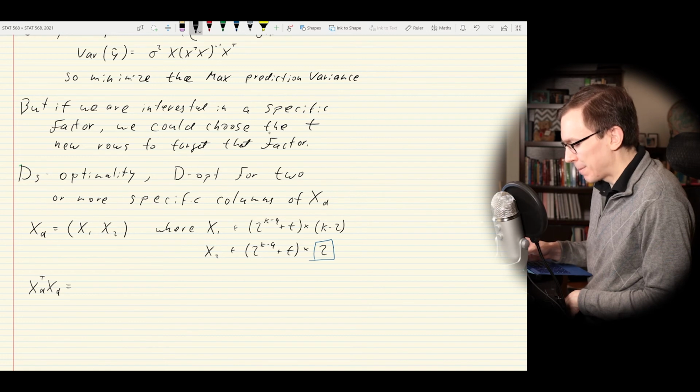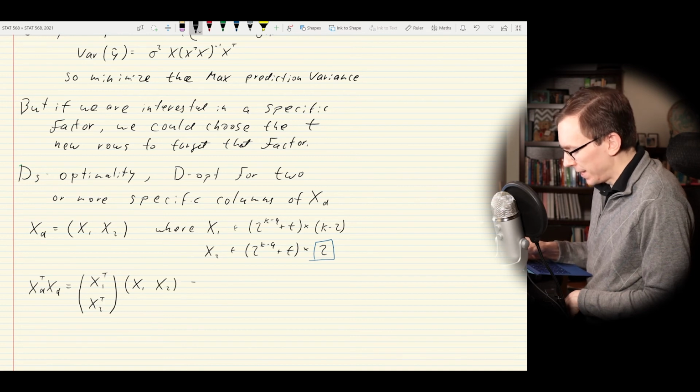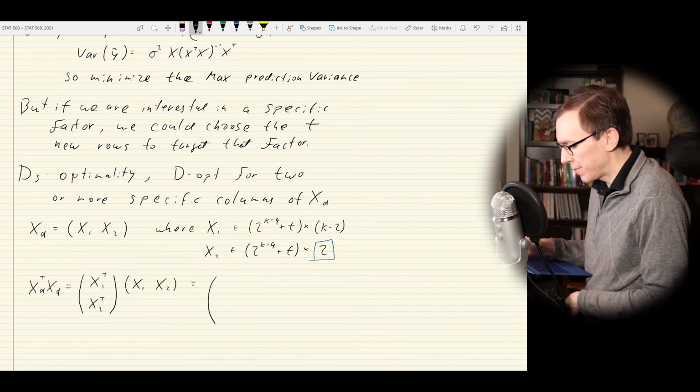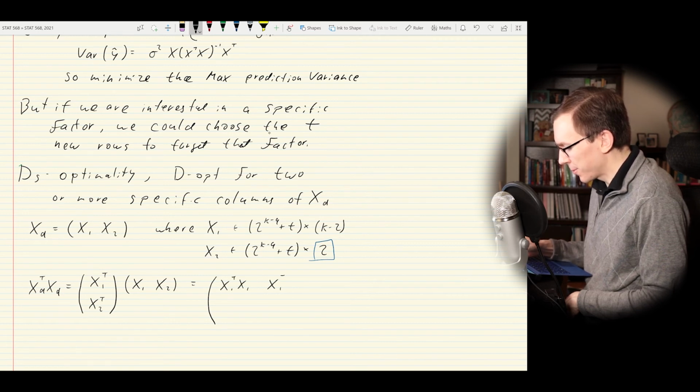If we do a block matrix multiplication, what we're basically doing is taking the matrix X1 transpose, X2 transpose, and multiplying it by X1, X2, and what we get out is a block matrix form, which is X1 transpose X1, X1 transpose X2, X2 transpose X1, and X2 transpose X2.